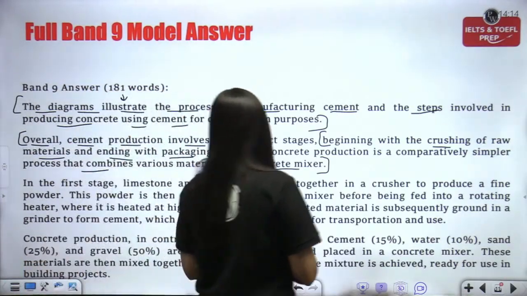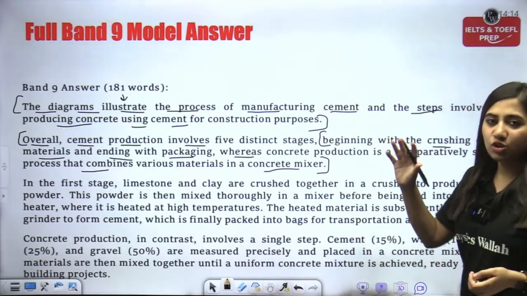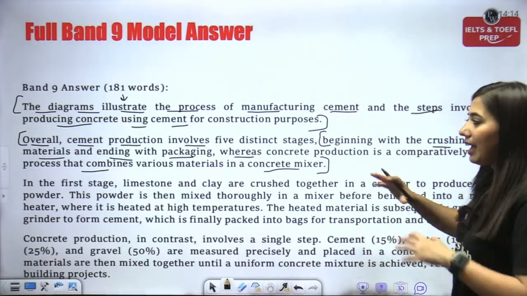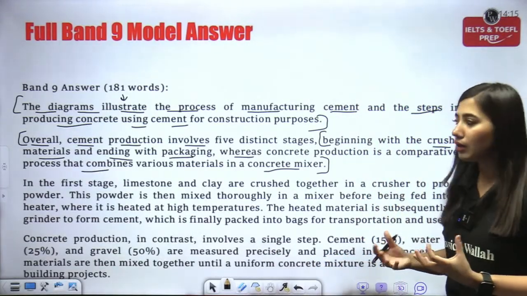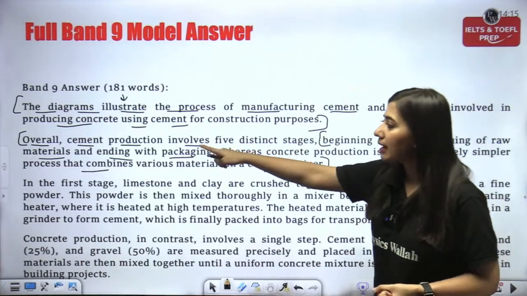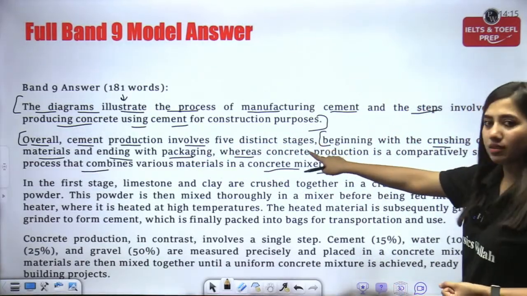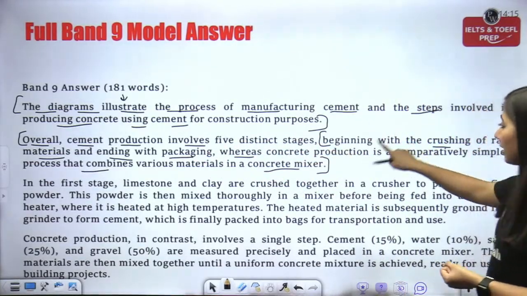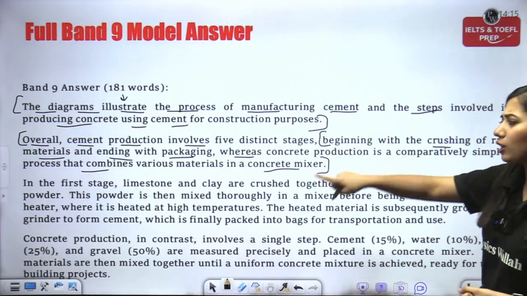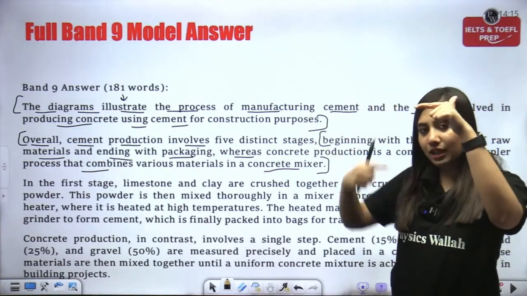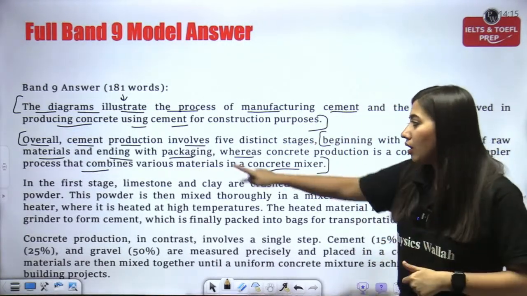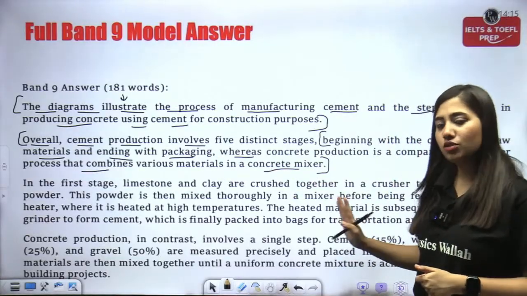Did you understand? Here we just described thoroughly, as an overall perspective, what is happening. We said that cement production involves 5 distinct stages, beginning with the crushing of the raw material and ending with the packaging. Directly from the beginning we came to the ending part. Understood? That's how it goes.